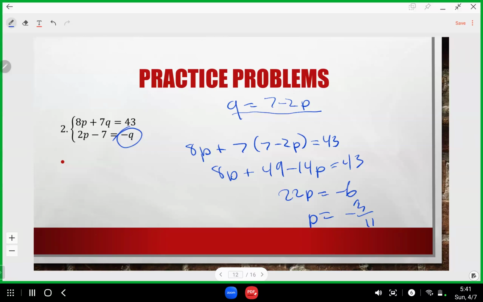Because when you graph them, they do intersect at (1, 5). But our substitution is not working for some reason. Okay, let's troubleshoot what happens here.